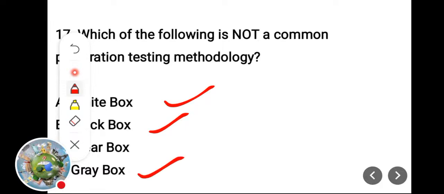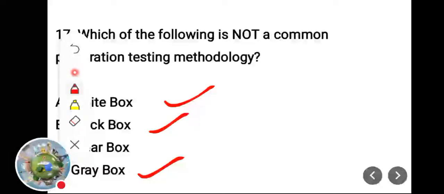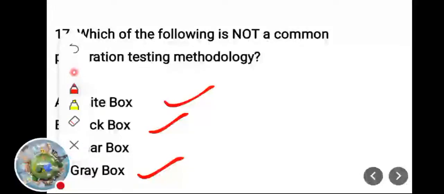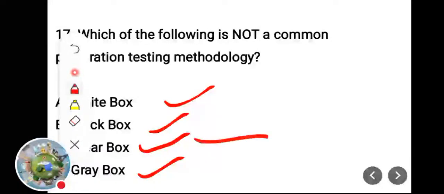These are the three methods existing in penetration testing. We have not yet used clear box testing, and it does not exist in penetration testing. So the answer will be C.